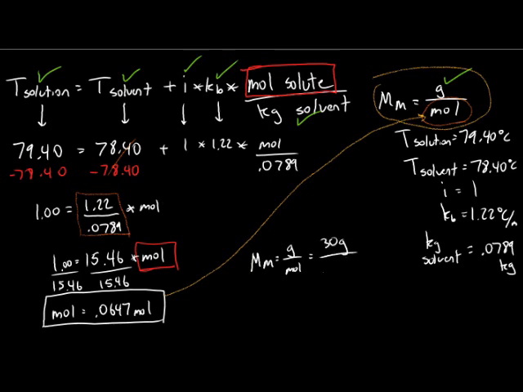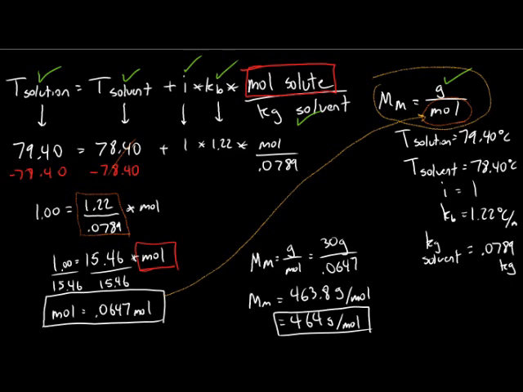And on the bottom we place 0.0647, and now for our final step we divide. When we divide, we will get 463.8 grams per mole. If you want to round this to 3 significant figures, you will have 464 grams per mole. This will be the molar mass of your unknown substance.